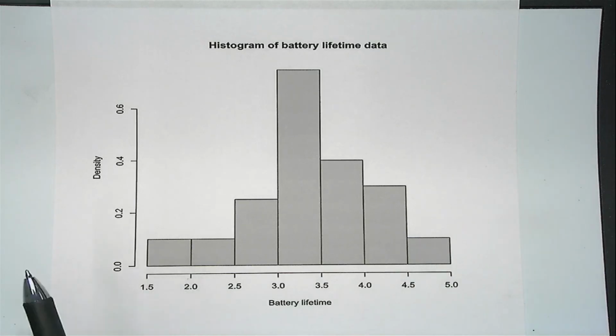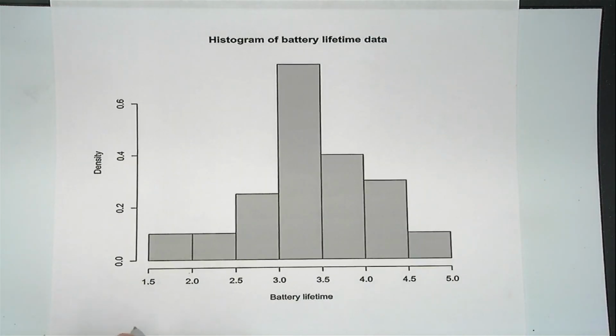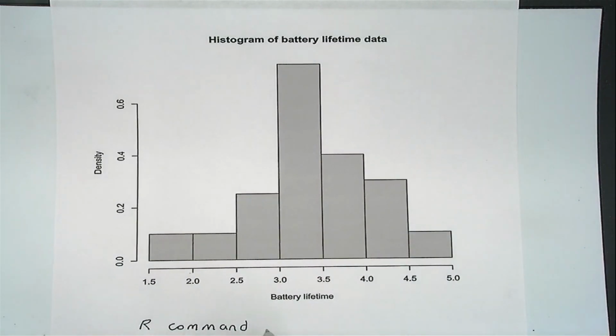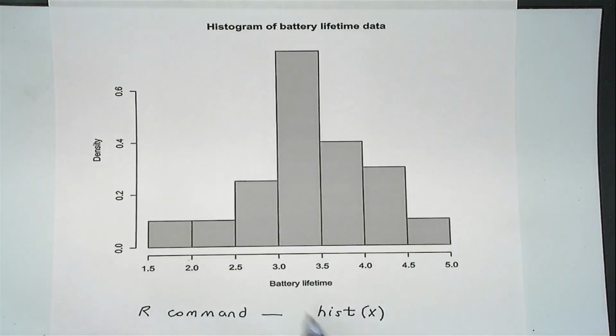And the R command for doing this plot is hist, open bracket, X, close bracket. This command will produce a picture like this.